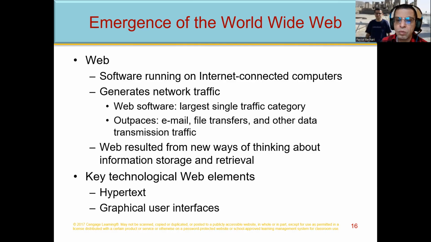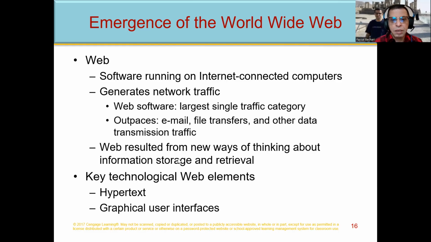And the web results from new ways of thinking about information storage and retrieval. The key technology web elements are basically hypertext and the graphical user interface. We'll look at the hypertext and the graphical interface and how they work.